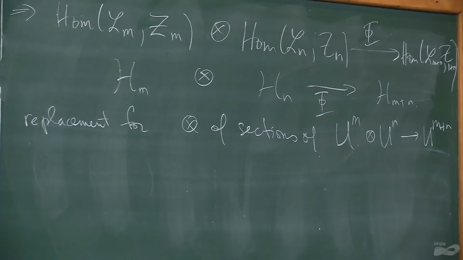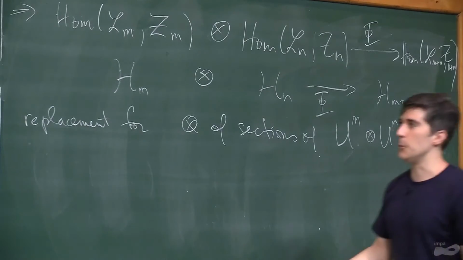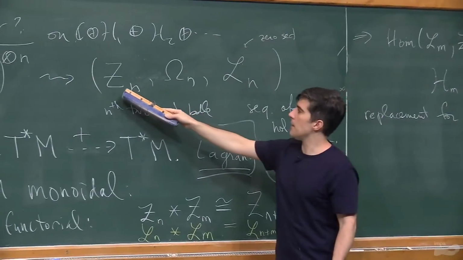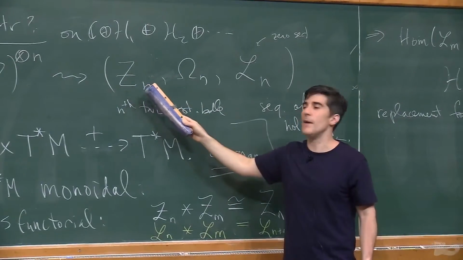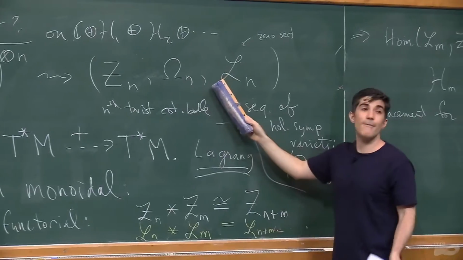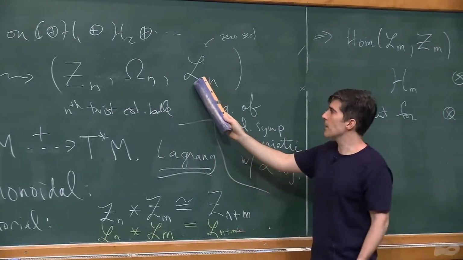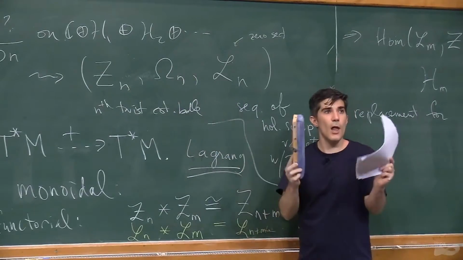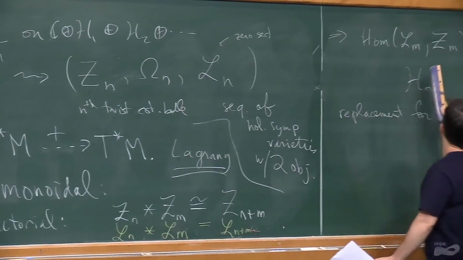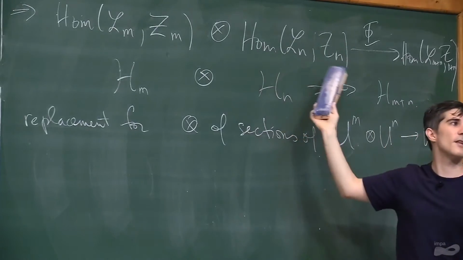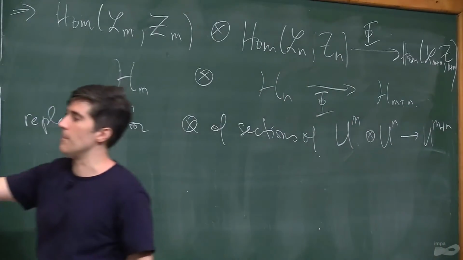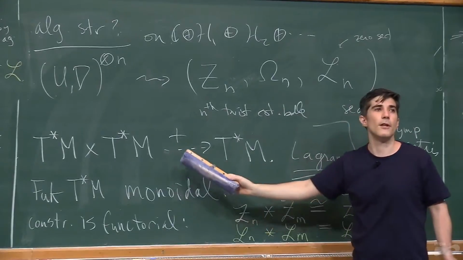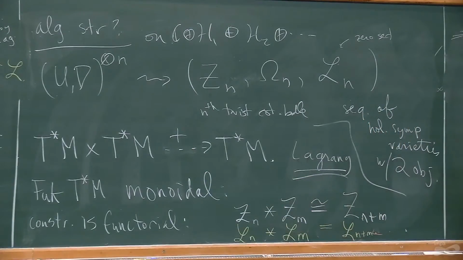Okay, so in general, what we need to do is produce a sequence of holomorphic symplectic spaces, each of them having two objects in them, something Lagrangian and something space-filling, and each of them I can take a single Hom space, and then I have a sequence of Hom spaces, and they have a tensor product. The tensor product comes from the composition in the groupoid. Okay.